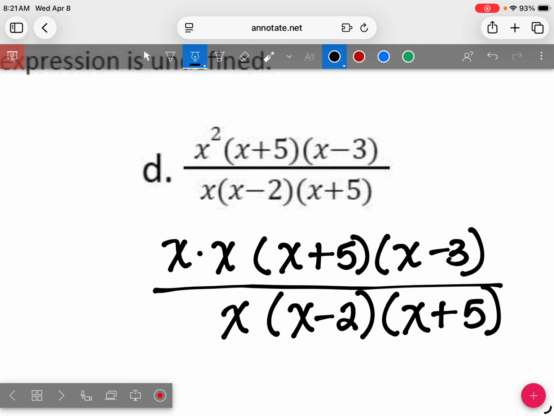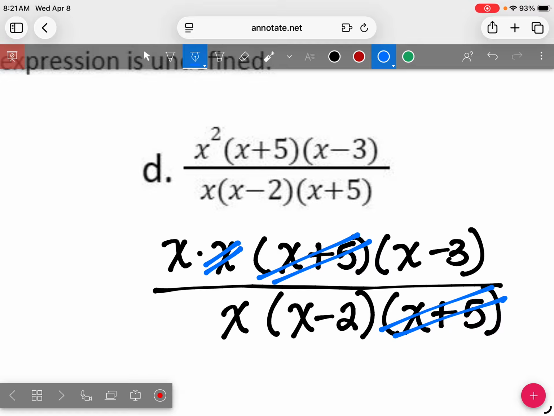There are actually two GCFs that we can take away. There's two things. Johan, what's one thing that we can cross out that's top and bottom? x plus 5, let's cross it out. What else can I cross out? x.